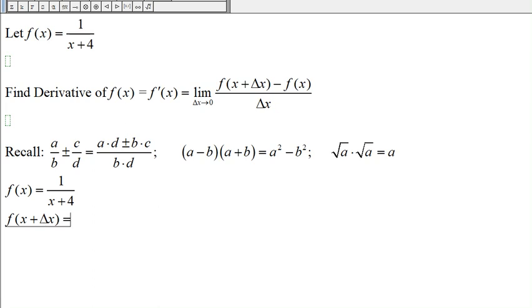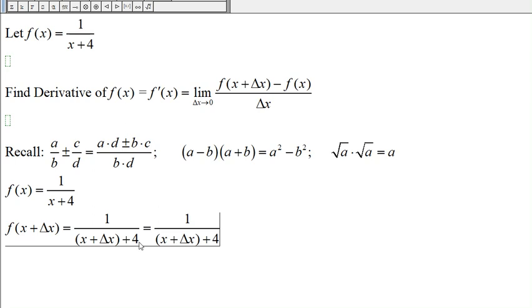So for f of x plus delta x, in the place of x we put x plus delta x. So this becomes just x plus delta x plus 4.